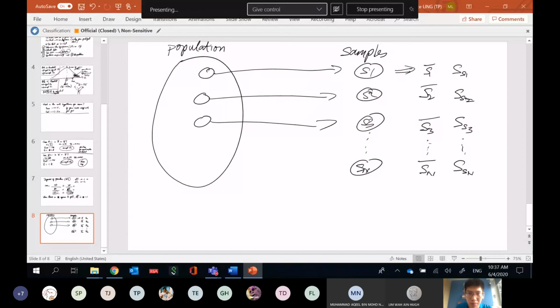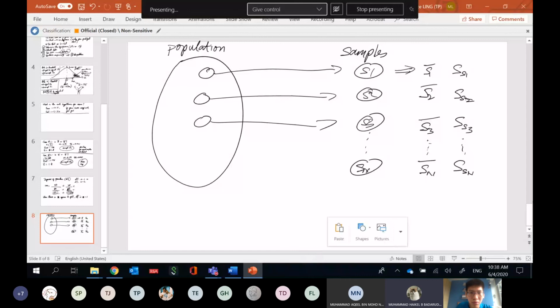So the question is, do you think the average of sample 1 and the average of sample 2 are going to be the same number? Are they going to be exactly equal? Intuitively, do you think they're going to be exactly equal?